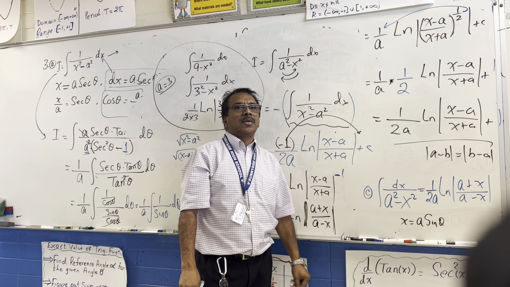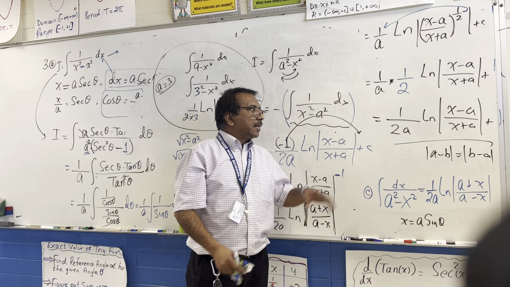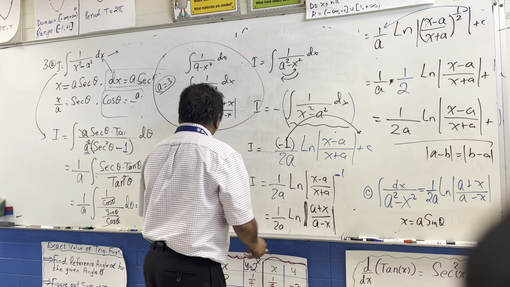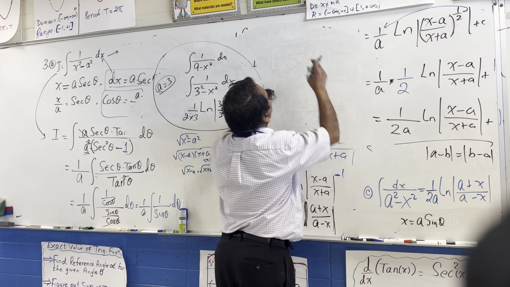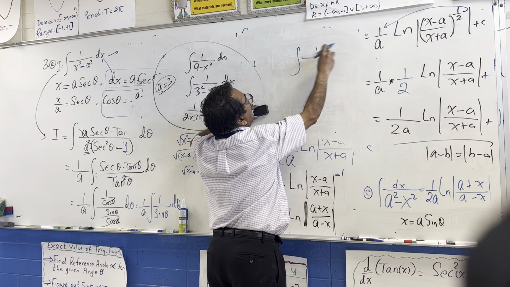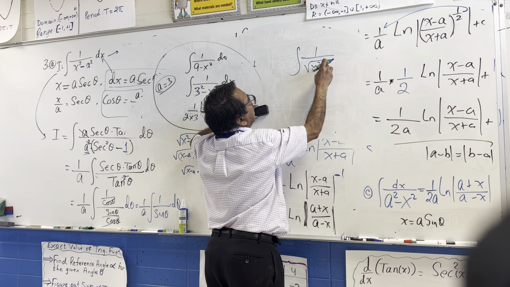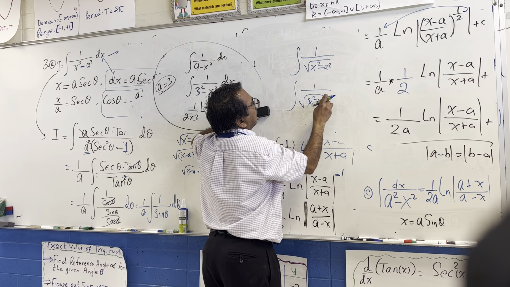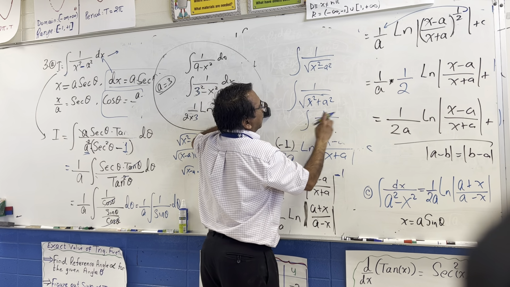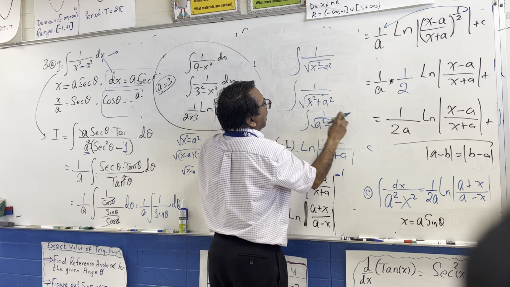So next I'm going to prove another group of formulas: the integral of 1 over the square root of x squared minus a squared, 1 over the square root of x squared plus a squared, and the integral of 1 over the square root of a squared minus x squared, so with the radical sign.